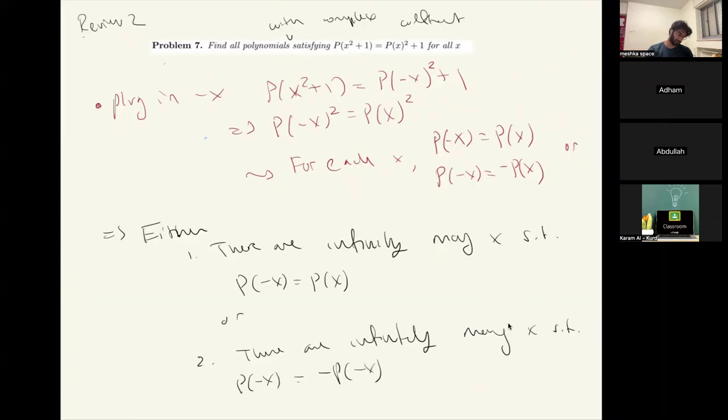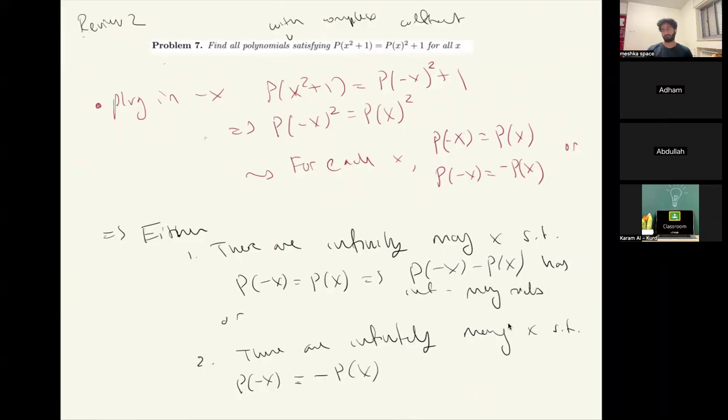Or sorry, p of negative x equals negative p of x, right? So one of the two happens infinitely often, and that means it's an identity, right? So for example, if we're in the first case where this happens infinitely many times, then it means that p of negative x minus p of x has infinitely many roots.